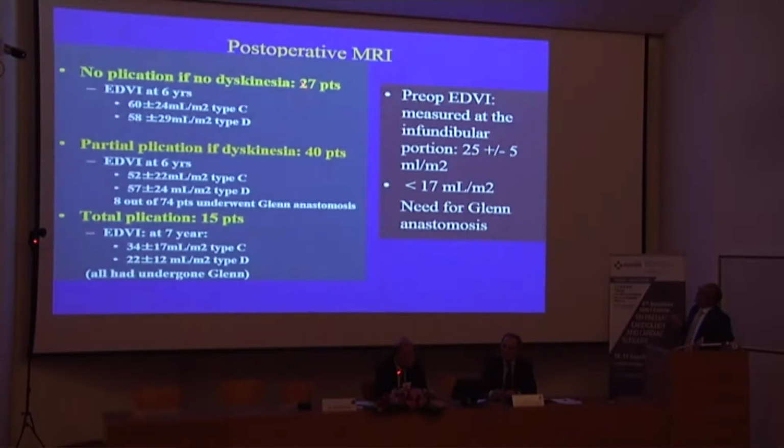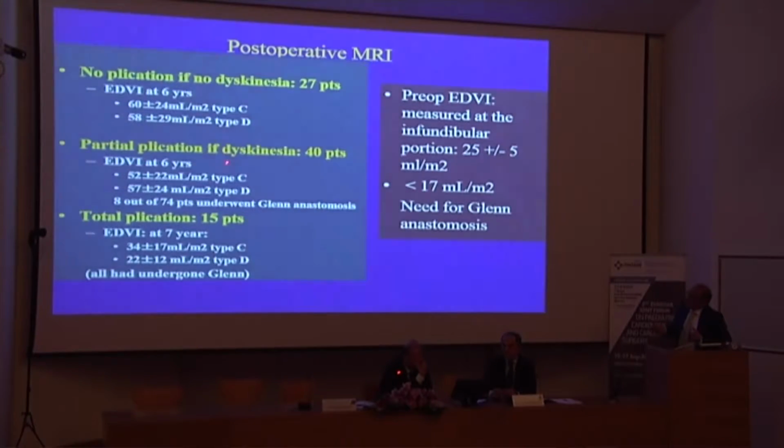Regarding my experience with the MRI, as you see here, in the no plication group, because if there was no dyskinesia I stopped plicating the atrialized chamber, 27 patients had no plication, and the end-diastolic volume index at 6 years is quite good.